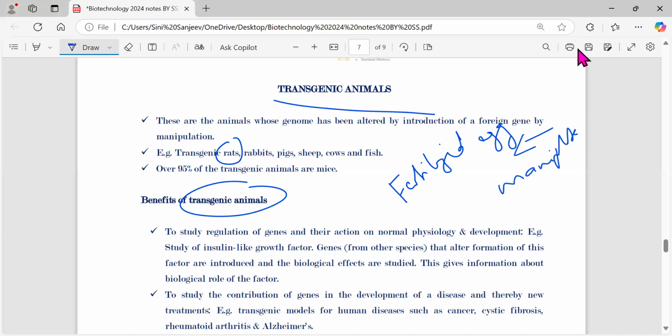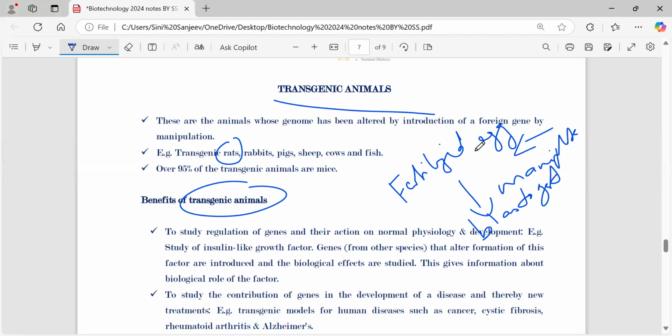When you manipulate the fertilized egg with your transgene, it will form a blastocyst. Further, that blastocyst will be implanted into the surrogate mother, which is nothing but the mouse you have taken.